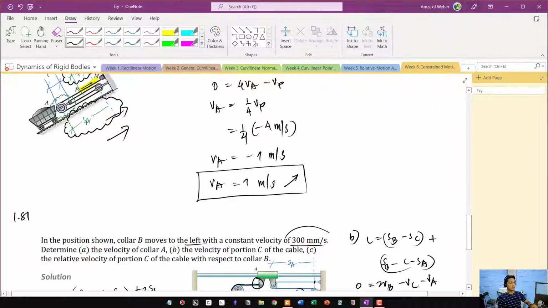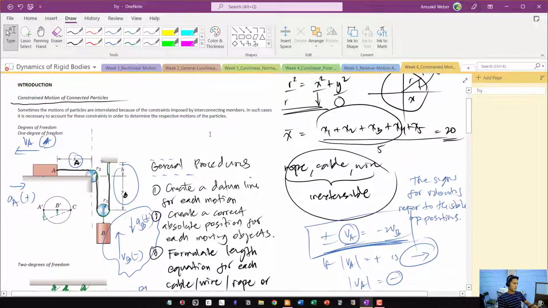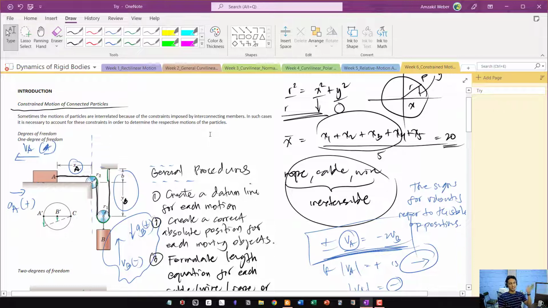No, because if you compare it with here, the length from point A all the way to here, this one is fixed, this one is moving, so that's valid.